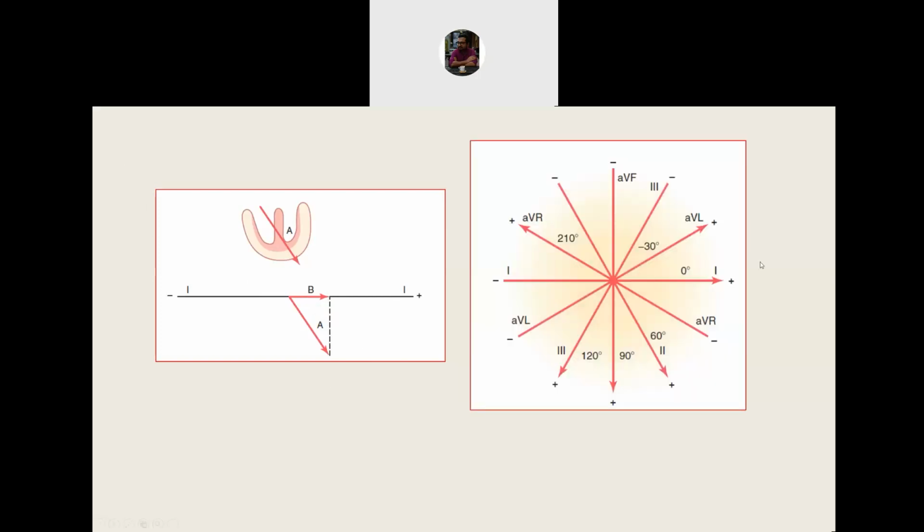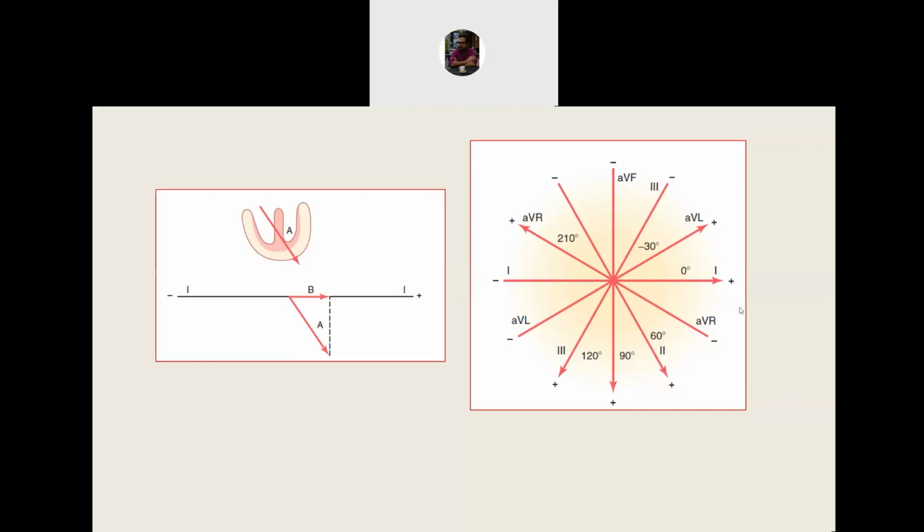This is known as the Cartesian system of the heart. So to understand how to calculate angles, the x-axis is taken as 0 degree. That's a convention. After taking the x-axis as 0 degree, clockwise and anti-clockwise, the angles are arranged. And the different leads that look at the heart from various angles are given different names.